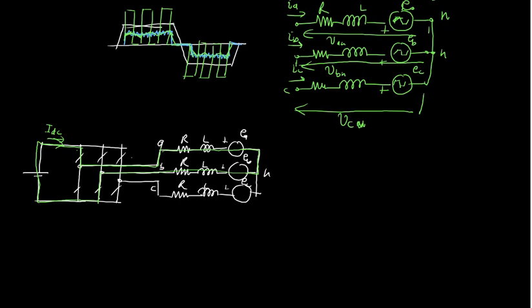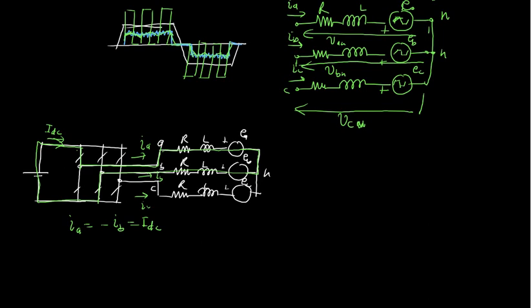The current flowing here is IA. This is IB. As per the convention we have named them IA, IB, IC. IC is equal to 0. The IDC current is going through IA, then coming back opposite as IB. So you see that IA is equal to minus IB is equal to IDC.